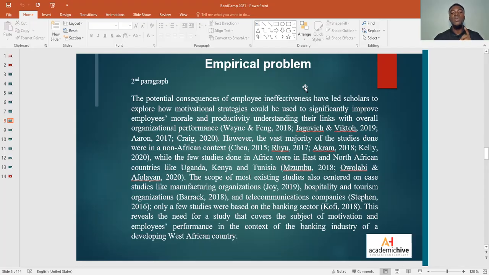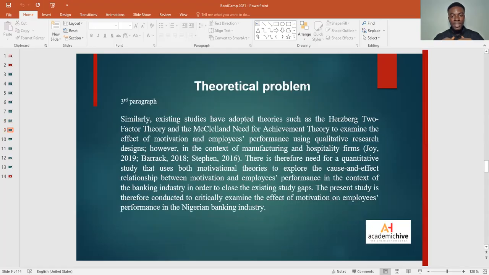The next is your theoretical problem. Here's where we see the theories people have done and the ones they've not done, and the gaps that exist for future studies. Now there's something I failed to talk about in the last problem. In order for you to effectively get an empirical problem out, you need to do a gap analysis.